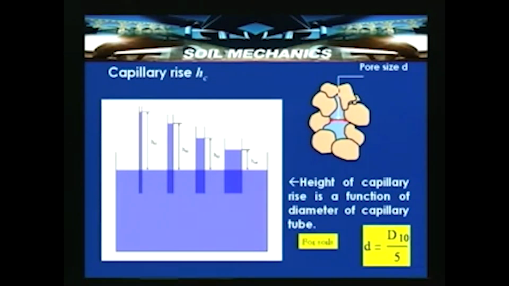So, for soils, the pore space is approximated as 20% of the effective particle size. Effective particle size, which we have introduced earlier, is D10. That means 90% of the particles are coarser, larger than this particle, and only 10% of the particles are finer.